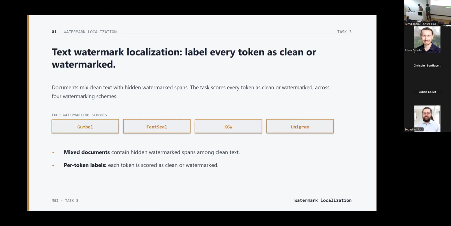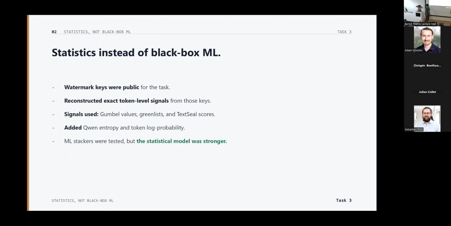Okay. So basically, for the last test, we did not do anything which the other groups didn't do. We had these 4 measurements, and we calculated the evidence. Our approach wasn't machine learning based; it was statistics based because the keys were public. So we used signals such as Gumbel value, green list, and text seal, and then we added entropy for this Qwen model and log probability.